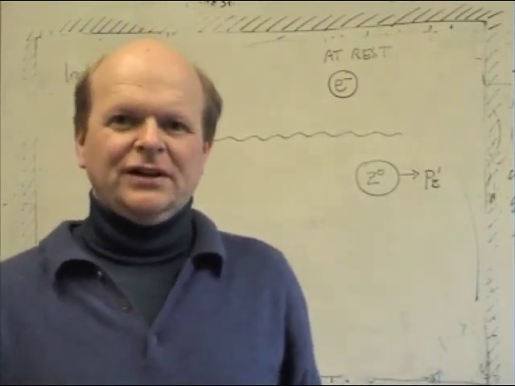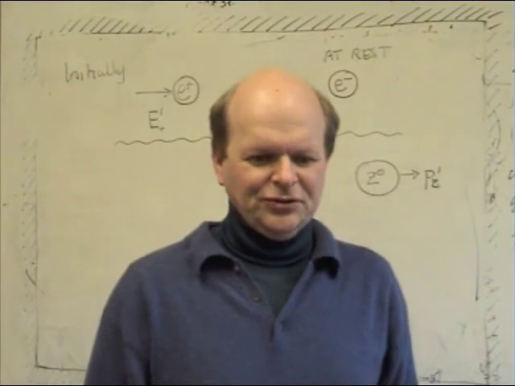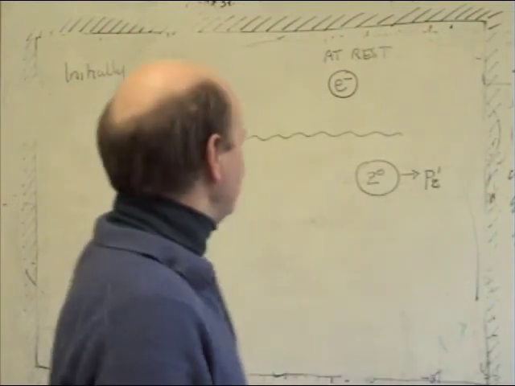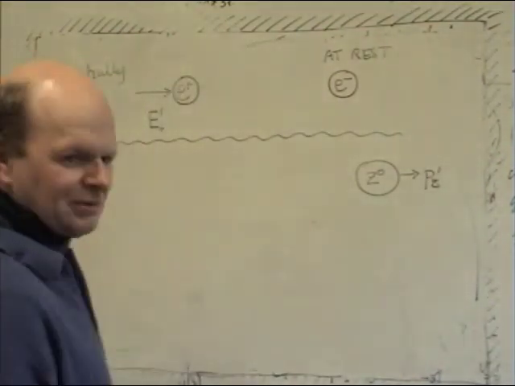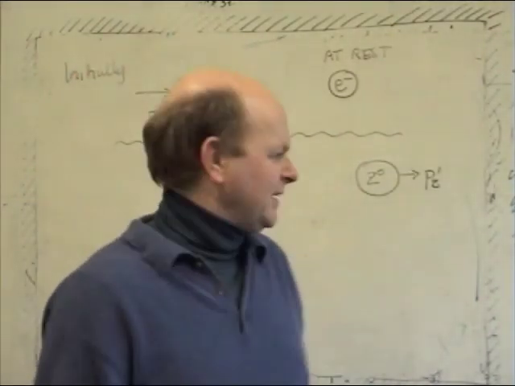However, there's a trick which enables you to do this problem quite easily. The trick is simply to note that we've already done the problem in the centre of mass frame.